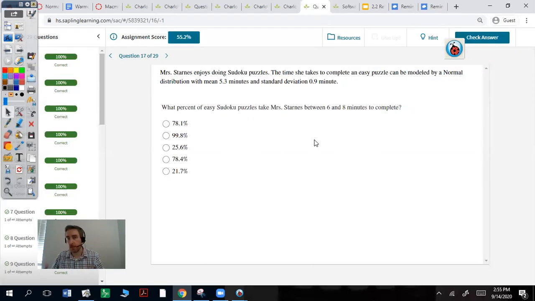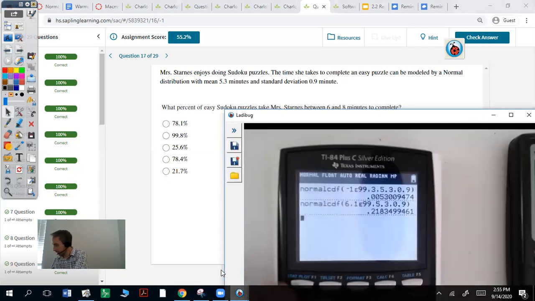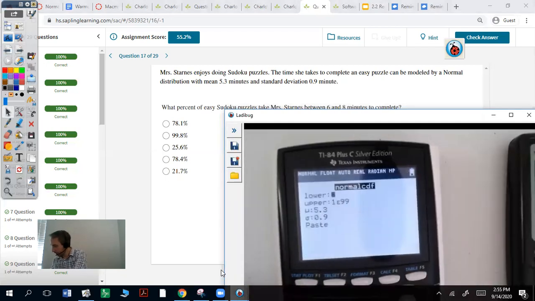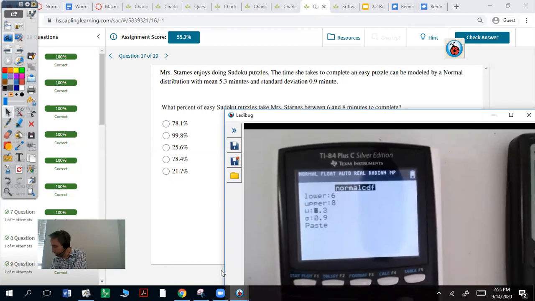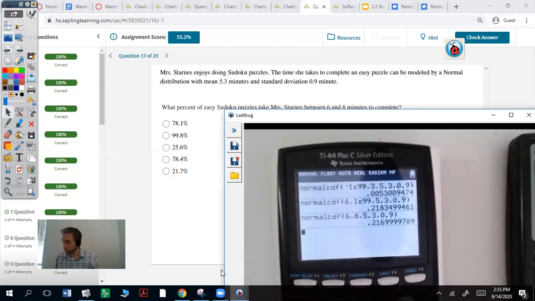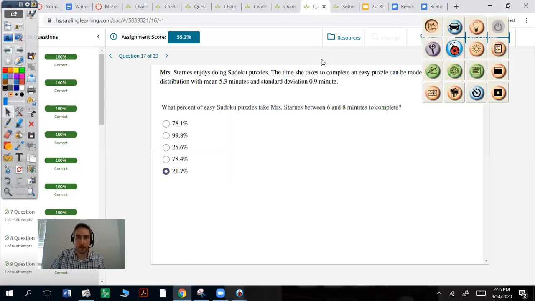Okay, between 6 and 8 minutes. Now we're going to put a lower and an upper. And 21.7%. Pretty close to the last one, but a bit different.